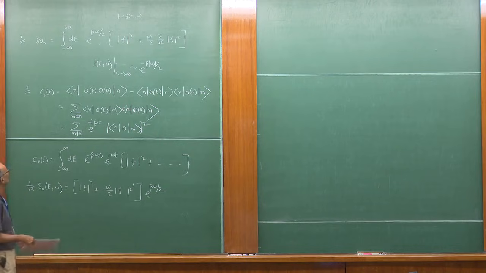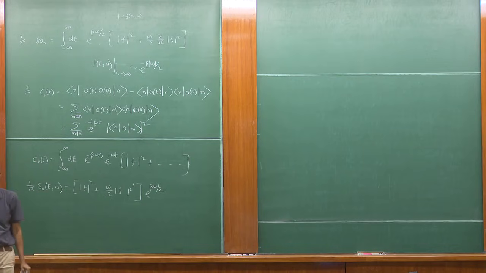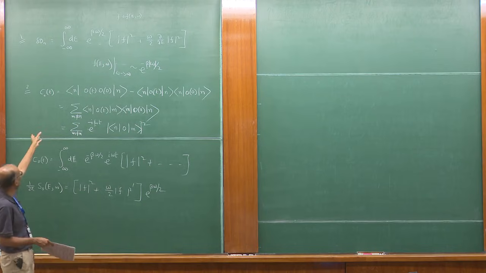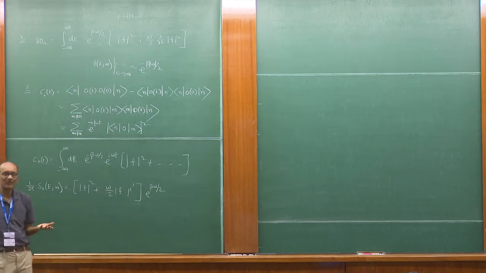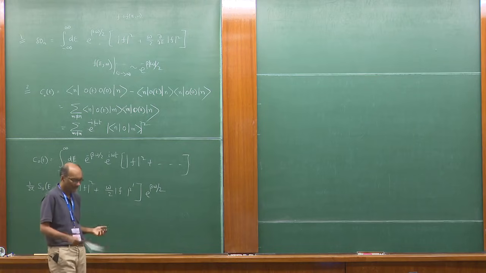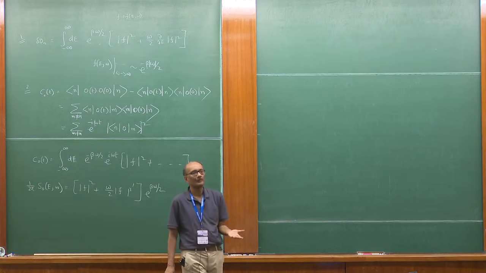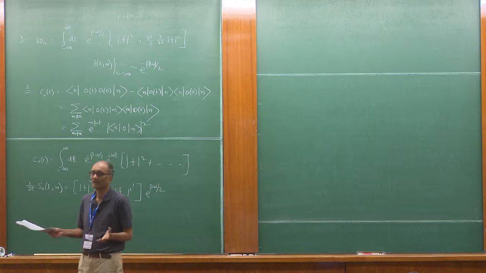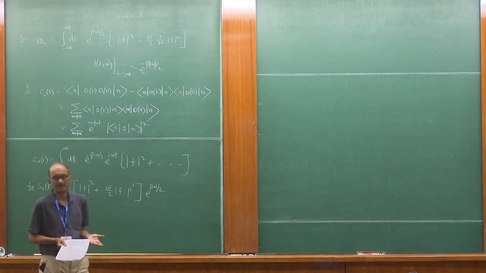Now, you see that this correlation function is an unequal time correlator of OT and O0. But if I had taken C0 of minus t, that is, I would have just reversed the order of O0 and OT, then I can take linear combinations of them. The difference is what enters in things like the Kubo formula or in linear response, and the sum is what enters in fluctuation stuff, and the relation between these two is essentially what gives you a fluctuation dissipation theorem in statistical mechanics.